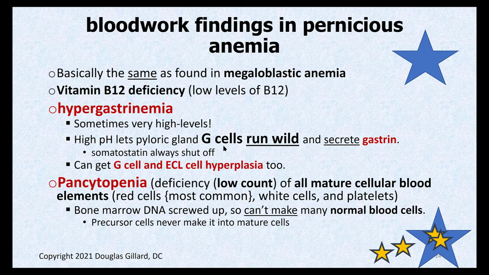The star of the pyloric glands is the G cell that makes the hormone gastrin. It's shut off by high levels of acid, or a lot of hydrogen ions, or a low pH. But we don't have that in pernicious anemia. So there's nothing to shut down the gastrin, so gastrin runs wild. So you can take a blood sample and measure their gastrin levels to see. That would also confirm pernicious anemia.